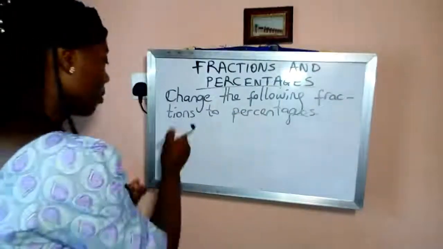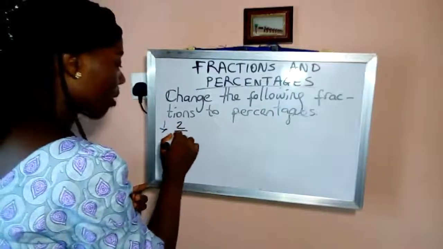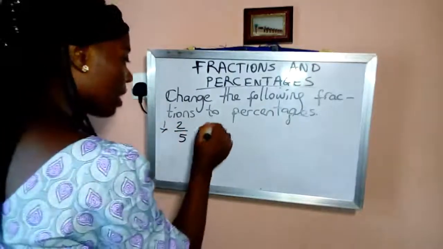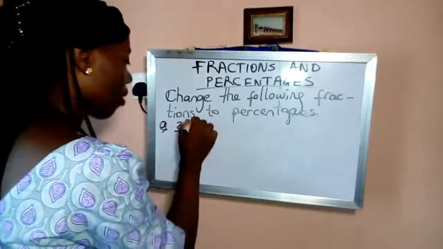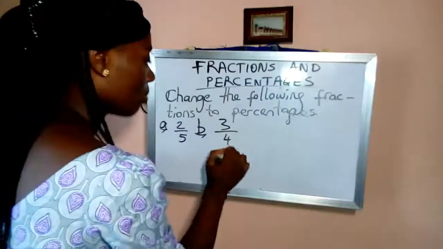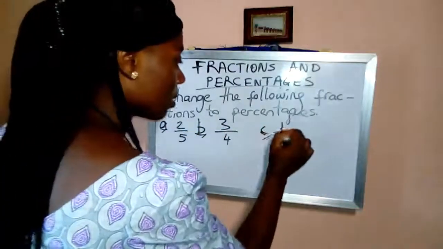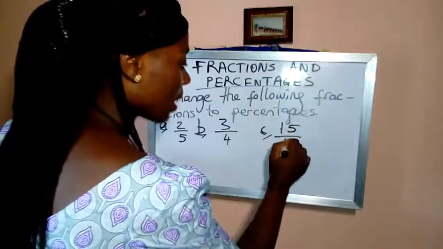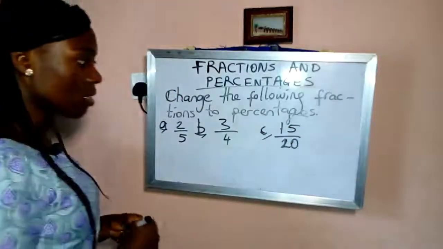Let's look at the first one. Let's use 2/5. A, or B, let's see 3/4, or C, let's see 15/20. How can we change this to percentages?